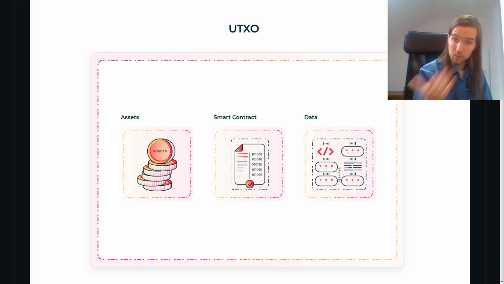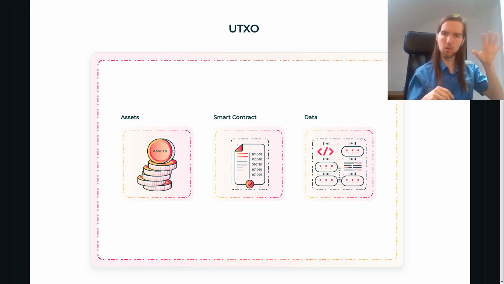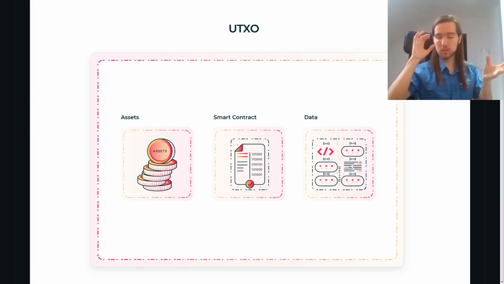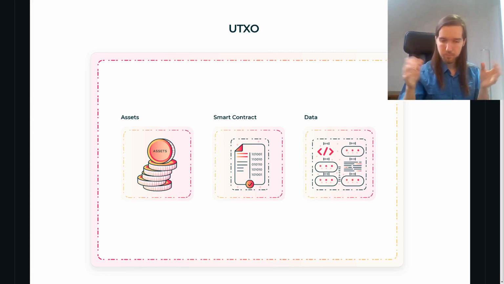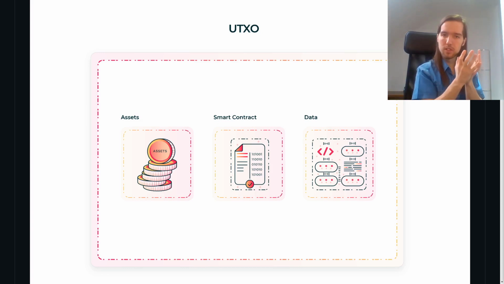And in the EUTXO model, for both Ergo and Cardano, we have data. And this data is slightly different. In Ergo, it's in the form of registers, and in Cardano, it's in what's called a datum. But effectively, they map onto the same thing, where you have this area inside of your UTXO where you can keep the state of your dApp.